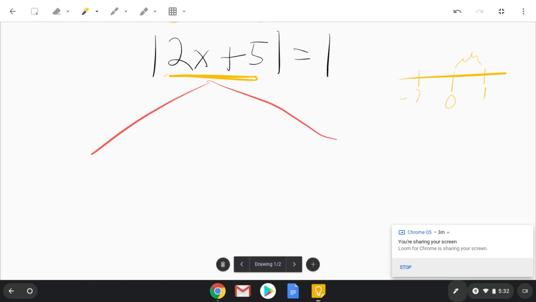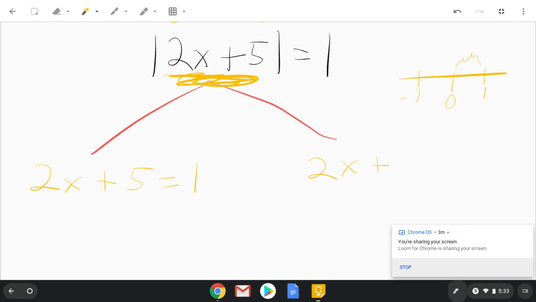We break these problems into two cases. We break them up into the positive case, where all of this stuff inside equals +1. And then the second case, where all this stuff inside could also equal -1. If you took the absolute value of this stuff and it turned out to be -1, it would still give you +1.